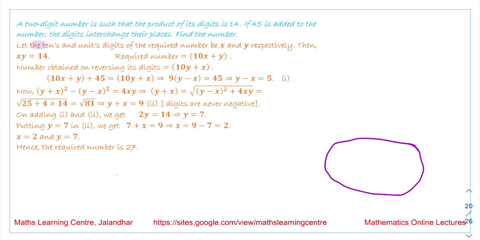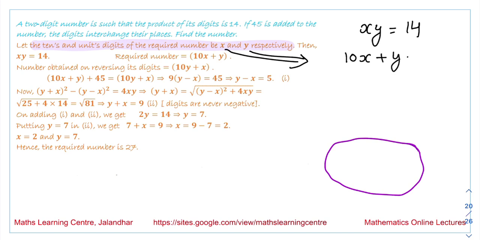Now the next question we have: a 2-digit number is such that the product of its digits is 14. So again we consider the tens and the unit digits of the required number to be x and y respectively. Then the product of the digits is x into y is equal to 14. Now if these are the digits, the required number is 10x plus y.